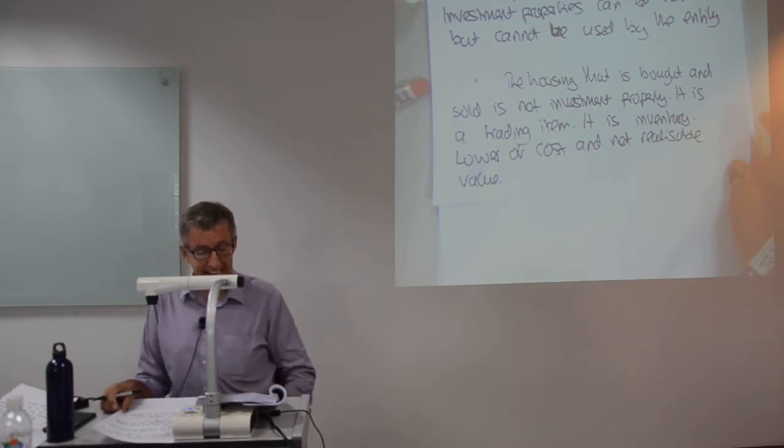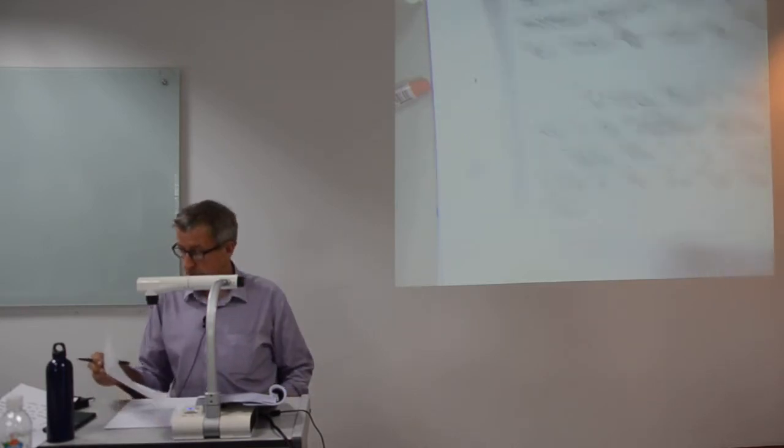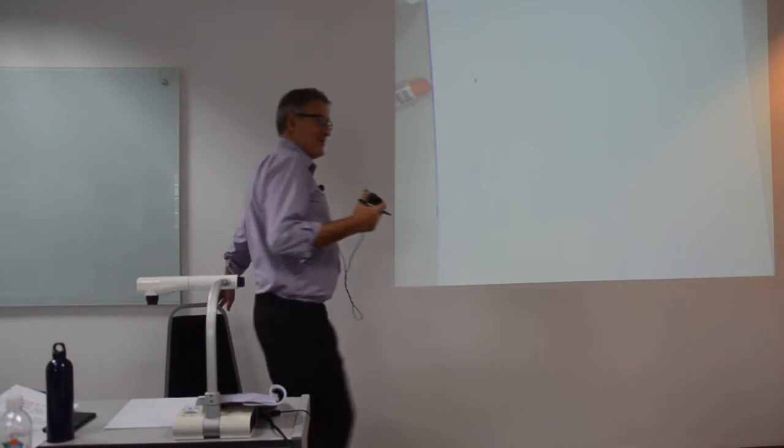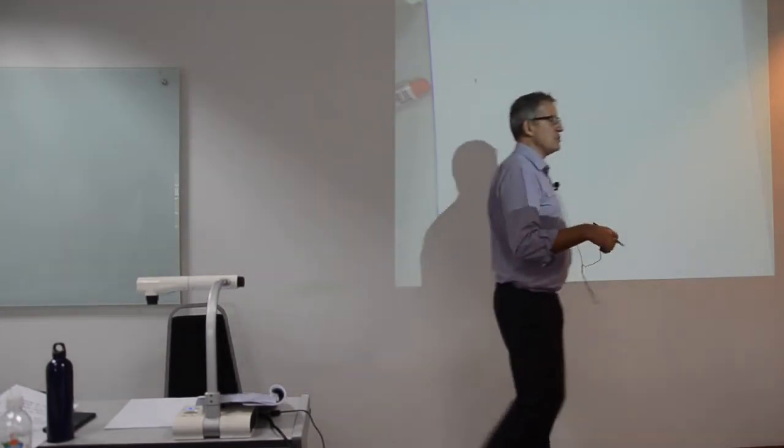And the rent that we collect covers the maintenance of the property. So what do you think about that? What do you think about property that we rent out to our staff, so we are receiving a rental income? Is that an investment property, yes or no?